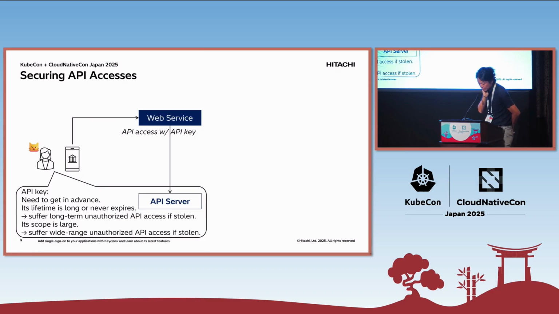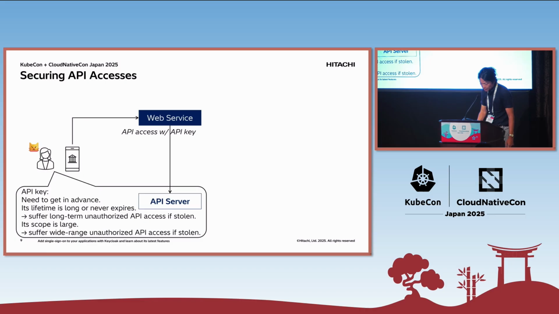So if this API key is stolen, you might suffer long-term unauthorized API access to the server. Generally speaking, the API key scope is large, which means that by using a single API key, we can do a lot of things. Yes, it's very convenient, but from a security perspective, if your API key is stolen, you might suffer wide-range unauthorized API access to the server.